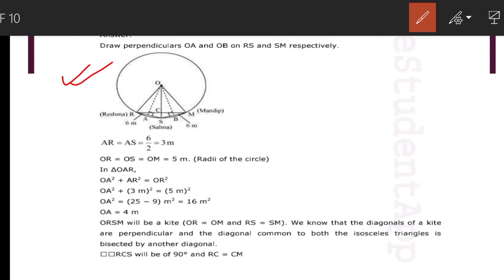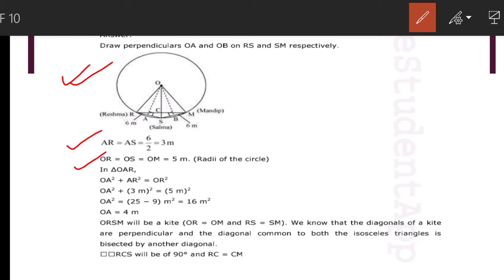So we can say RA is equal to AS. The distance between Reshma and Salma was 6, so divided by 2 we get 3 meters. And OR, OS, OM are all the distance from the center to the circumference of the circle, so each of them is 5 meters, that is the radius of the circle.